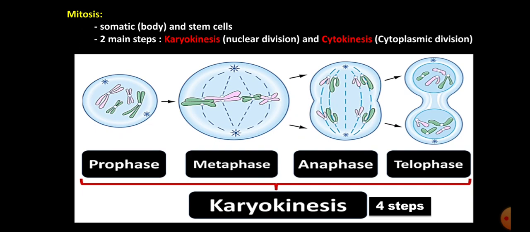Now here slowly the nuclear membrane can also be seen, and thus two daughter nuclei are formed at the end of mitosis, and the spindle has completely disappeared. In this way, karyokinesis is completed in these 4 steps, and from one nucleus, two nuclei are formed. The division of the nucleus takes place and the number of chromosomes remains the same.